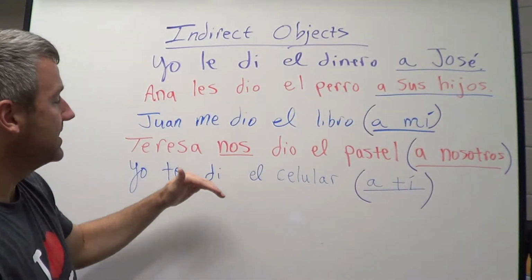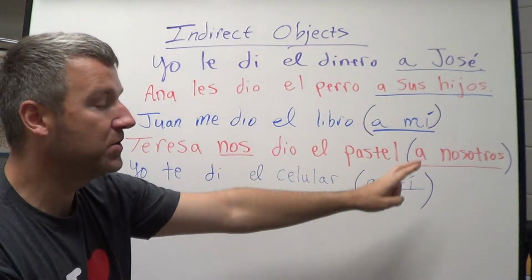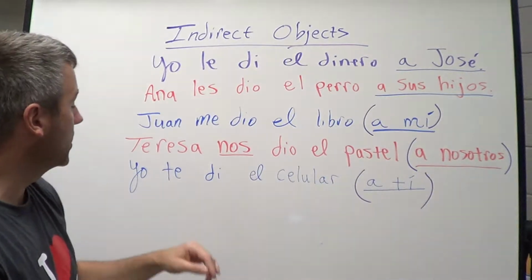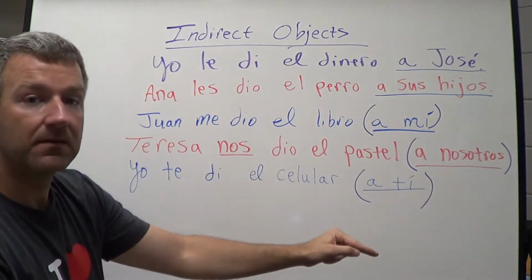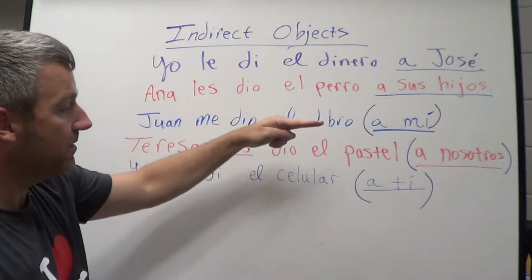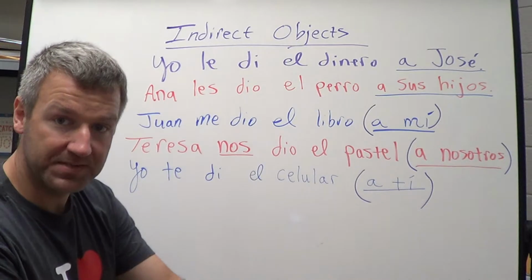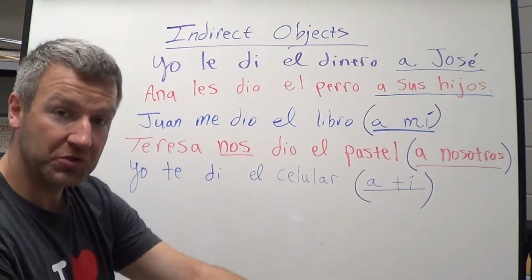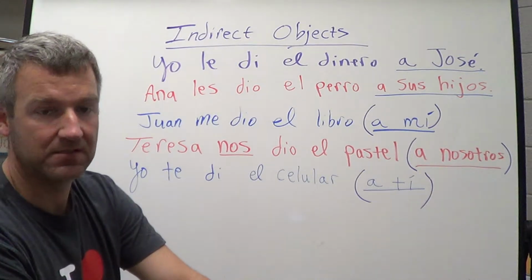And look down below this. Teresa nos dio el pastel a nosotros. Or look at this bottom one. Yo te di el celular a ti. So you'll notice, guys, with these bottom three sentences, at the end I put a mí in parentheses, I put a nosotros in parentheses, and I put a ti in parentheses.